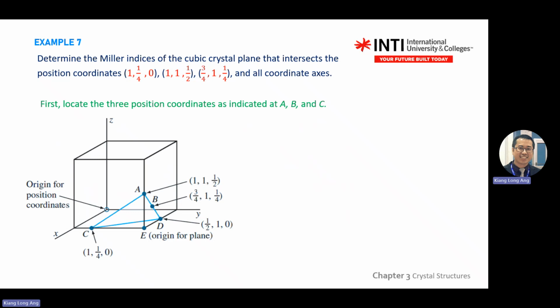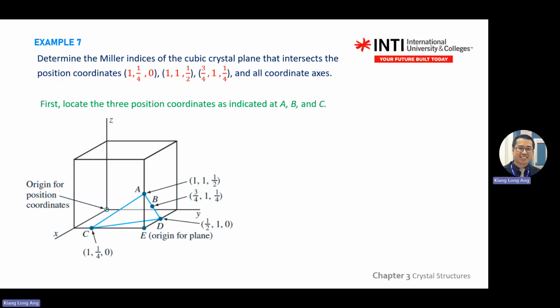The first one is over here, 1 over 4 here. C, and this one is 1 half, 1 half here. This one 1 over 3 here, 1 over 4 here. And all coordinate axes.